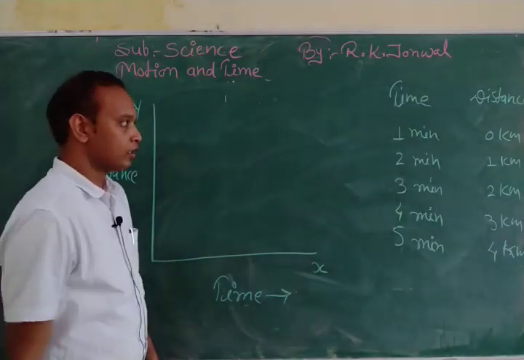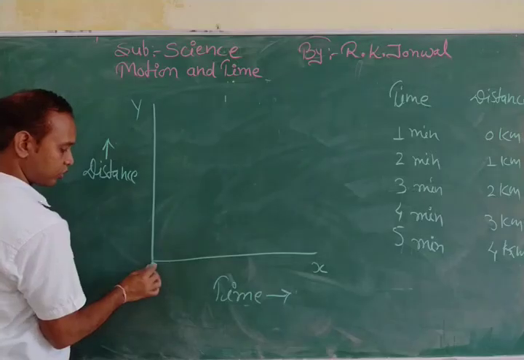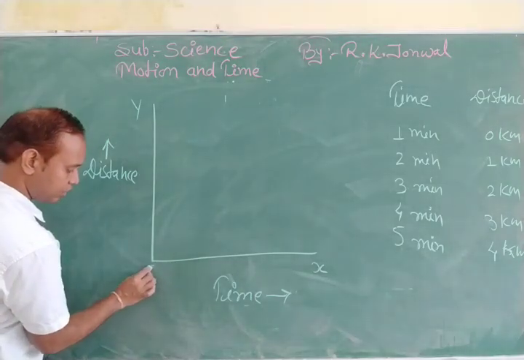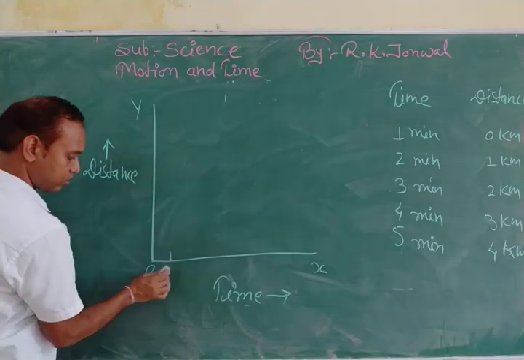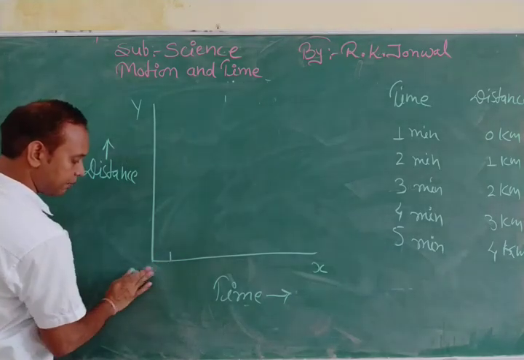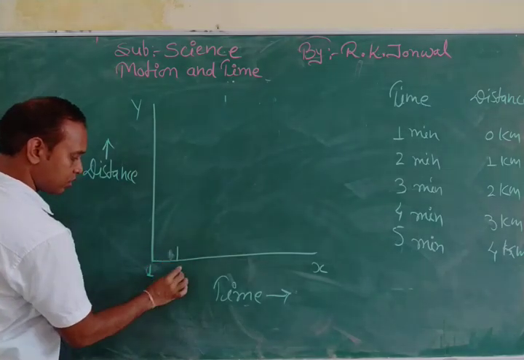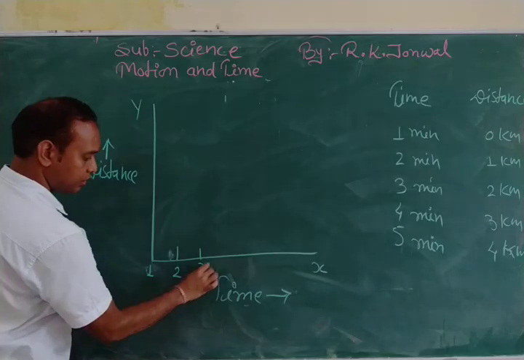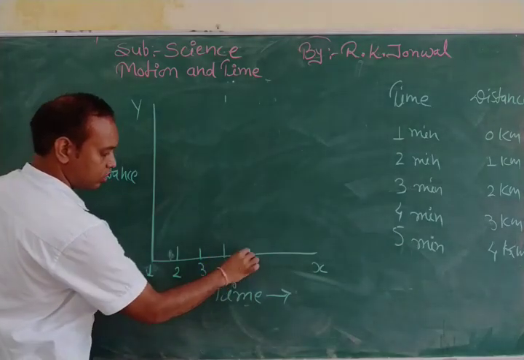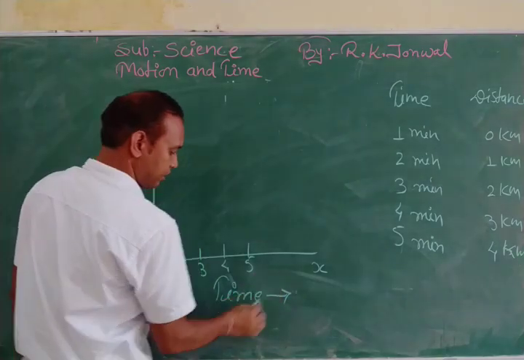Okay, so here is minutes, 1 minute. So we can say here is 0. This becomes 1 minute, 2, 3, 4, 5. So these are the minutes, time in minutes.